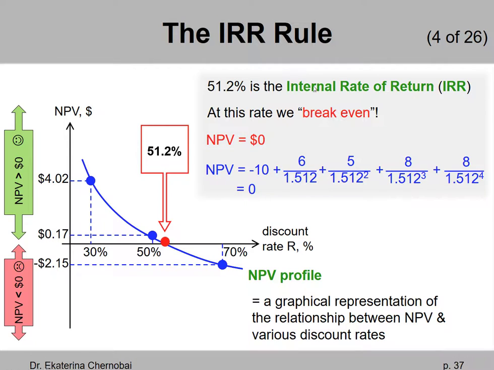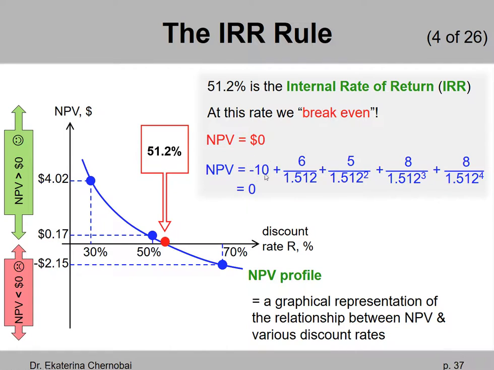The meaning of the word internal is that this rate of return on our money every year is only based on the so-called internal information about this investment project. And that internal information is the cash flows that are given.